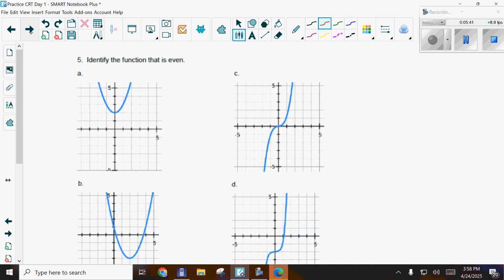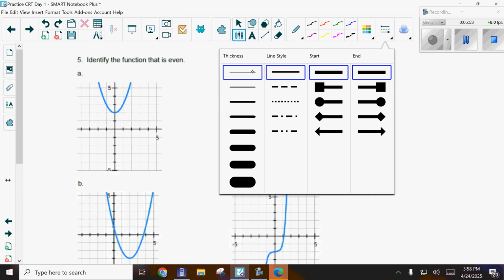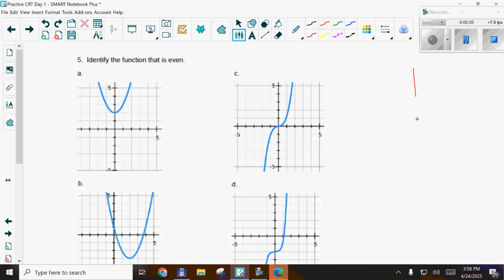Number 5 says identify if the function is even. Remember, there are 3 things you have to know for this question. You have to know even, you have to know odd, and you have to know neither. So let me do a mini lesson to remind you what an even function looks like. An even function is anything that you can fold along the y-axis.